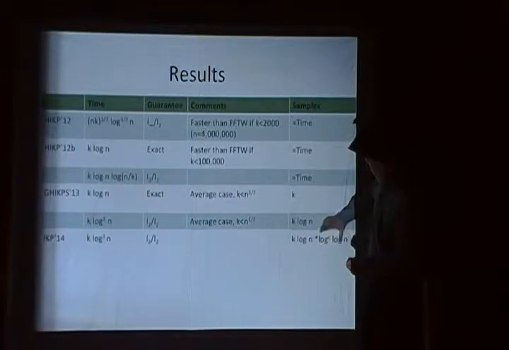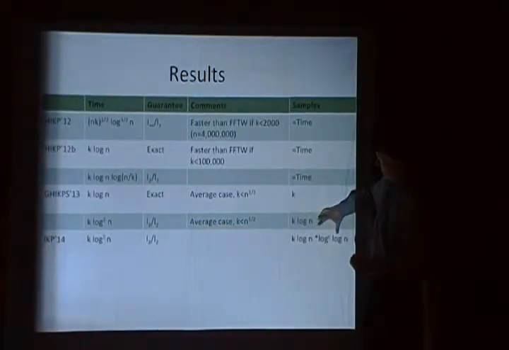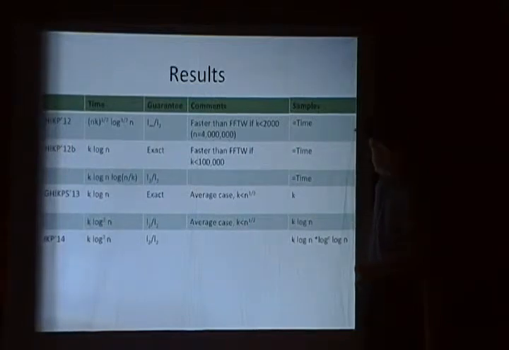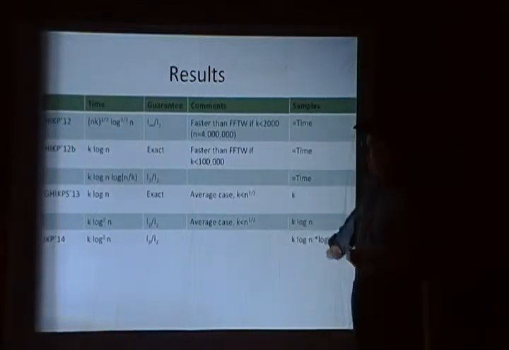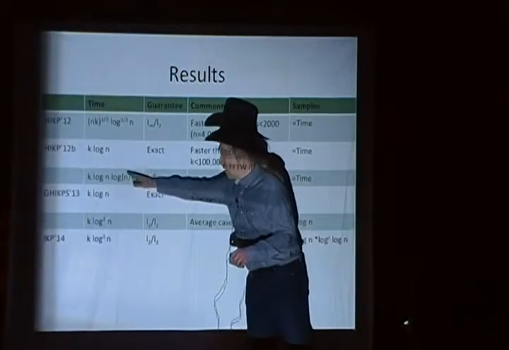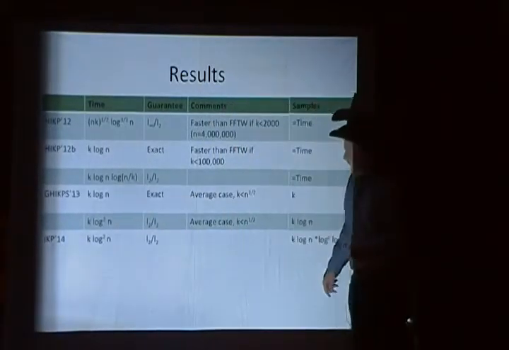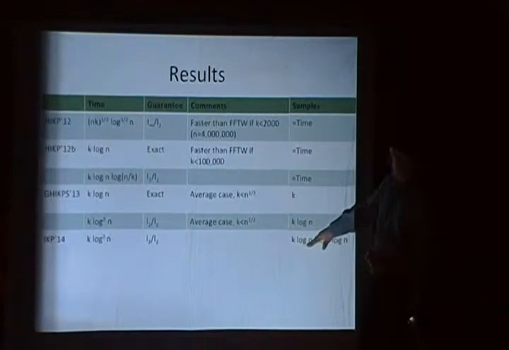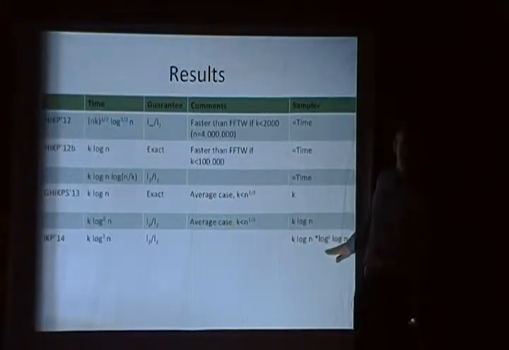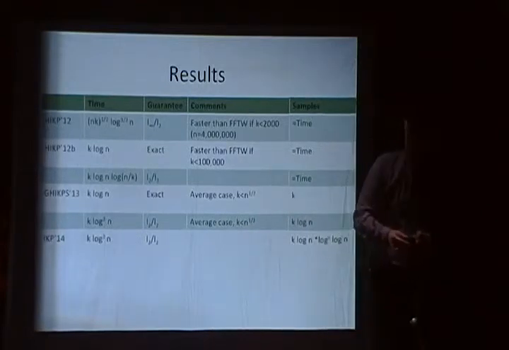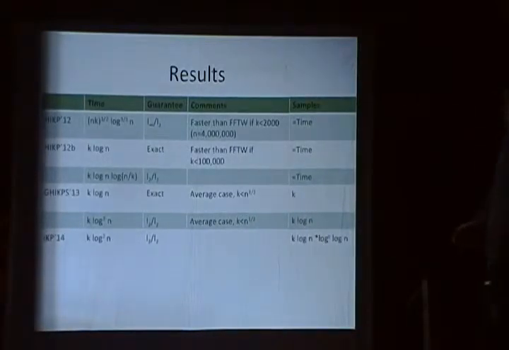We think that we can get rid of this log, but that's still work in progress. So the bottom line is that in the second line of results, we managed to keep the runtime more or less unchanged, and reduce the sampling complexity, to either optimal or near optimal. All right, so that's an overview of the results.